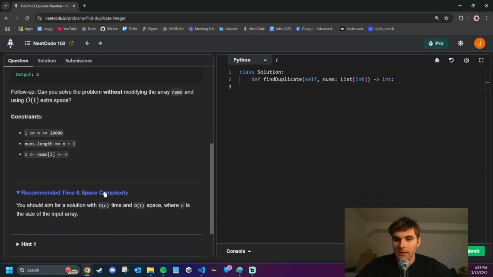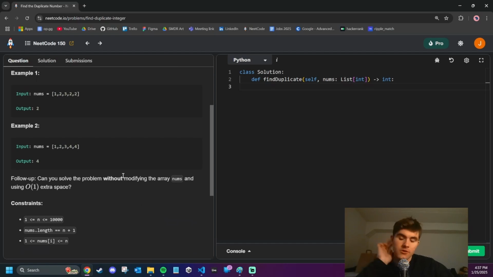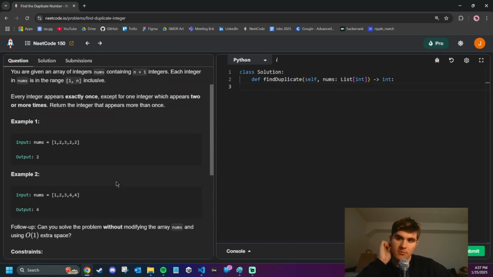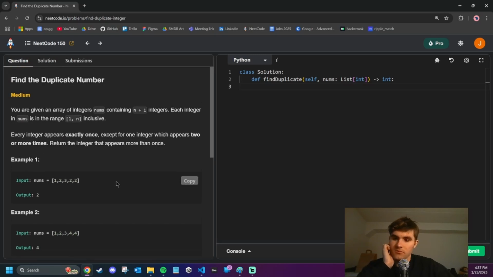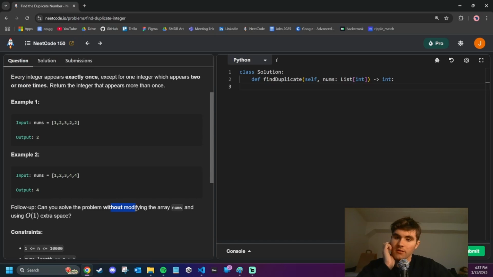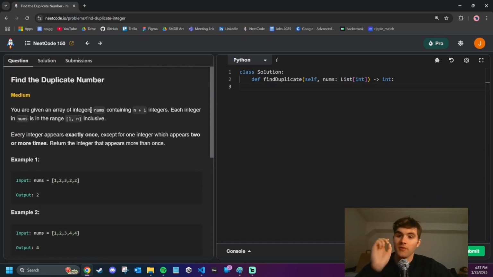The recommended solution is O(1) space, which is the tricky part, and O(n) time, without modifying the array. Oh, we're given the array.